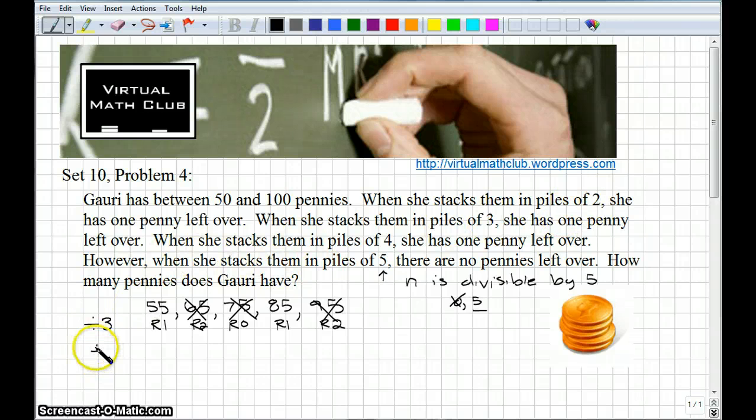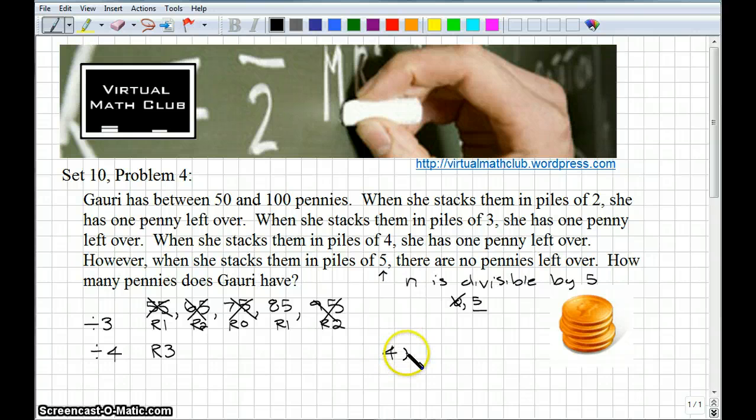So let's take a look at divisibility by 4. If we divide 55 by 4, we actually get a remainder of 3. Which tells you that if you were to stack the pennies into stacks of 4, we'd have 3 left over, not 1. So it can't be 55 either.